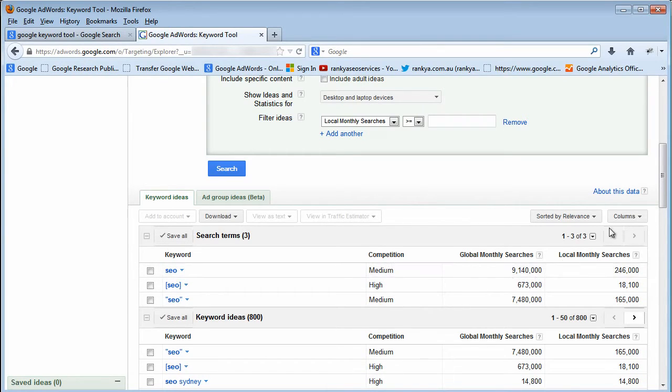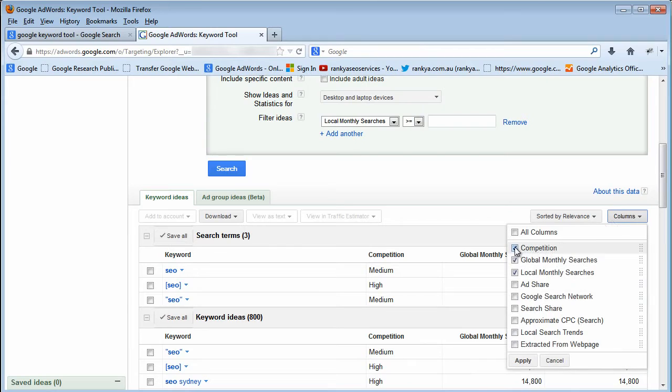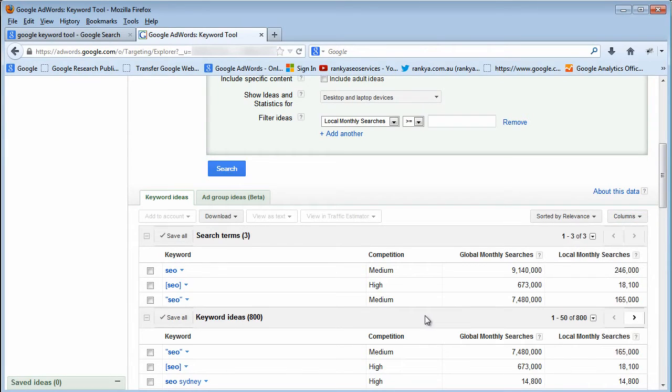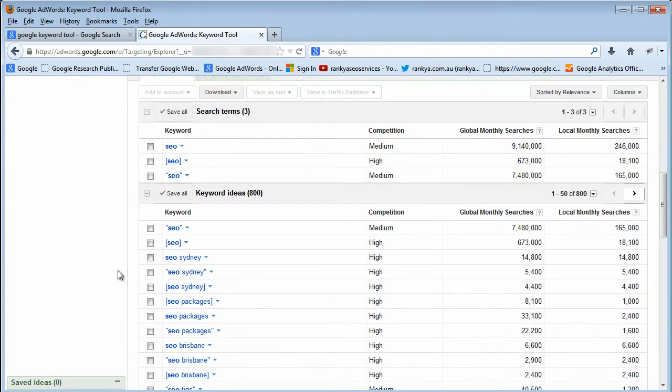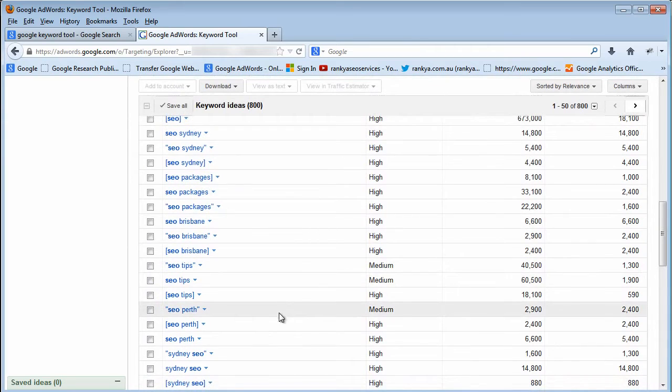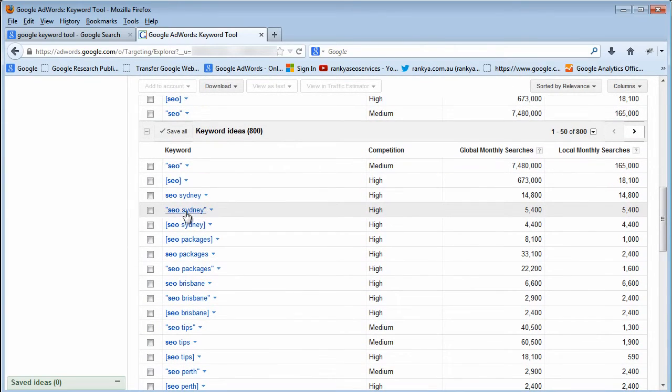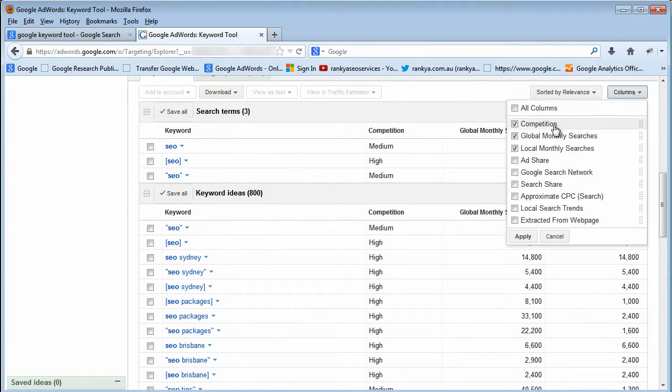It's very important that you don't worry about that, or else you may avoid some keywords you may be interested in, let's say, SEO in Sydney. If you look at that and say, you know what, it's got too much competition, it's high competition, I'm not going to target this. We don't want to do that, because if you do everything right, then you don't have to worry about this here.